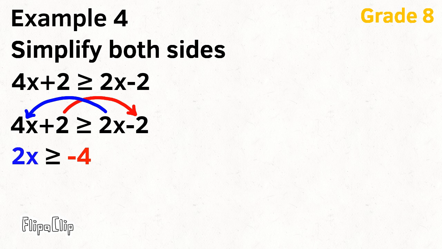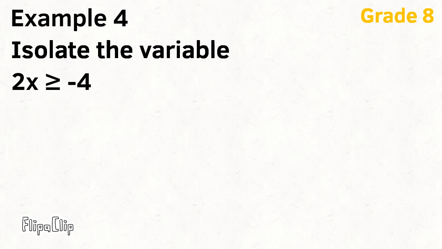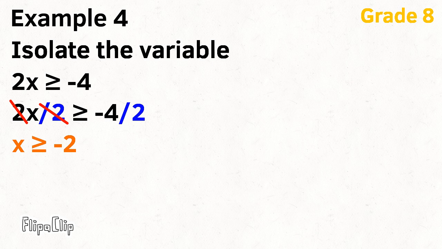And so that'll give us 2x is greater than or equal to negative 4. So for the next step, we have to isolate the variable. To remove the number 2 in 2x, we have to divide both sides by 2. And so that'll give us x is greater than or equal to negative 2.